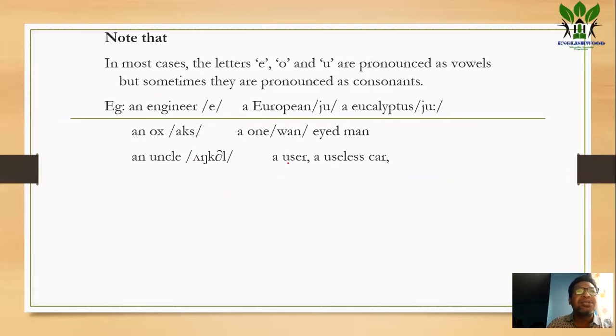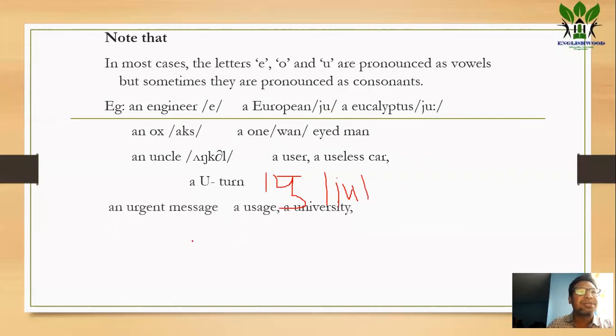But here is the U sound like this. So a user, a useless car, a U-turn. We call this U sound, and in phonetic transcription it is U. Similarly, an urgent message, here it is the O sound.